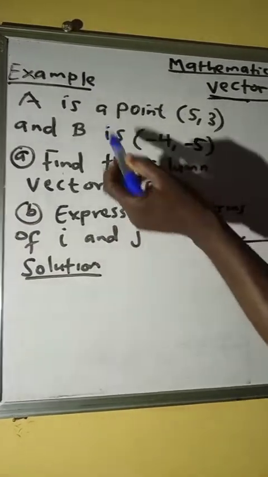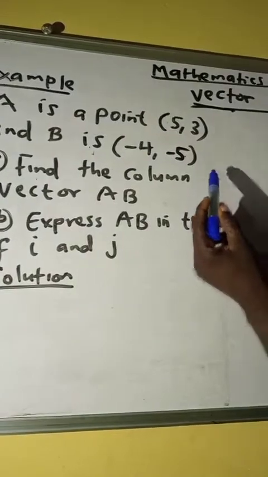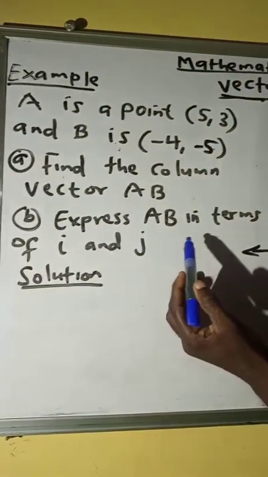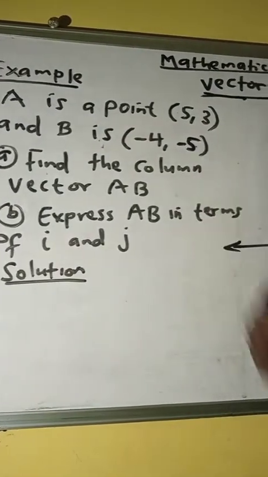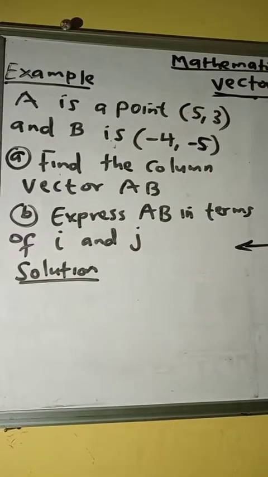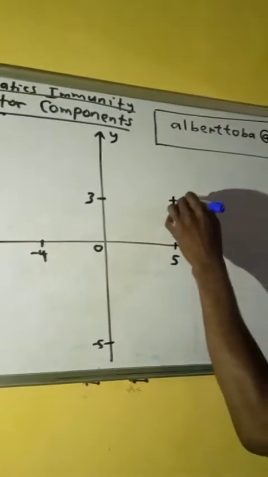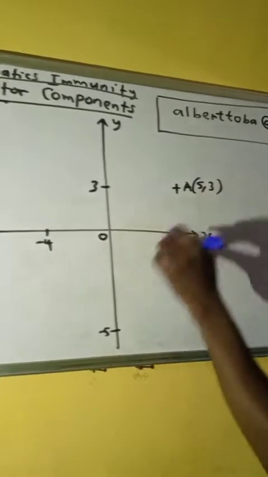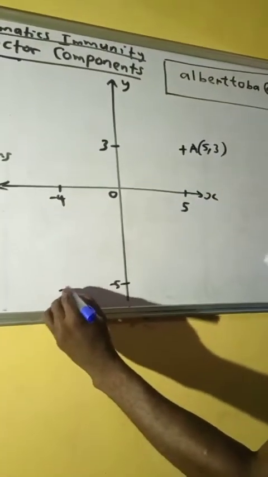Example: A is the point (5, 3) and B is (-4, -5). Find the column vector AB and express AB in terms of i and j. Coming to the Cartesian plane, when x is 5, y is 3, this is the point A. And B, when x is -4, y is -5.